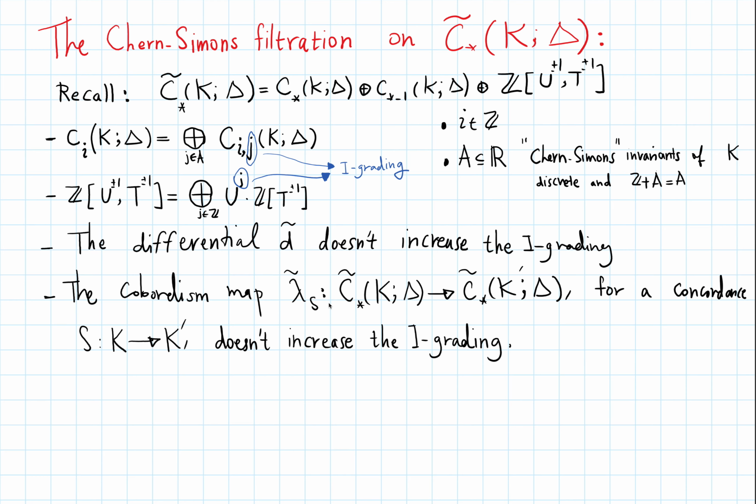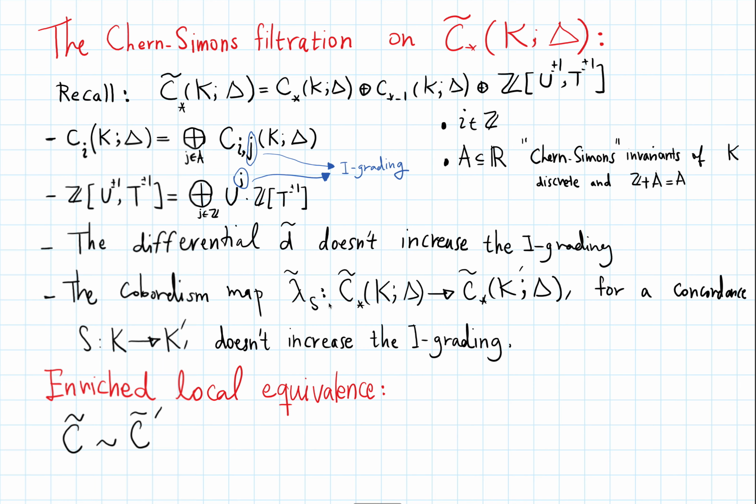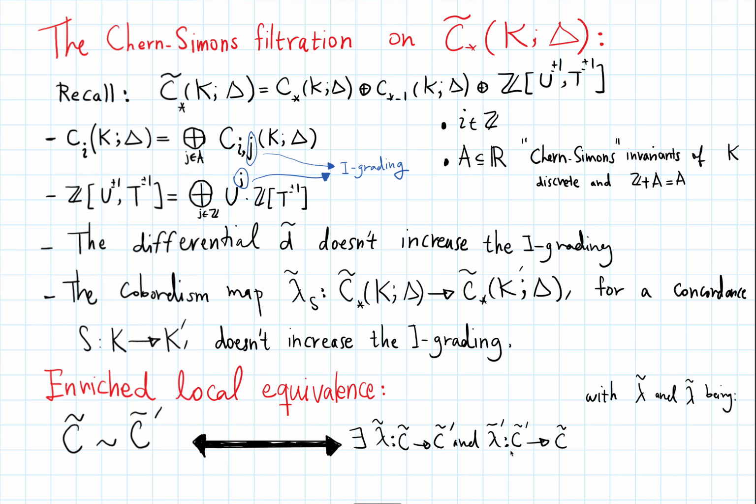This motivates an enriched version of the notion of local equivalence. We say two enriched S complexes, which means S complexes with this additional I grading such that the differential doesn't increase the I grading, are locally equivalent if there are morphisms in both directions, lambda tilde and lambda tilde prime, satisfying this property.